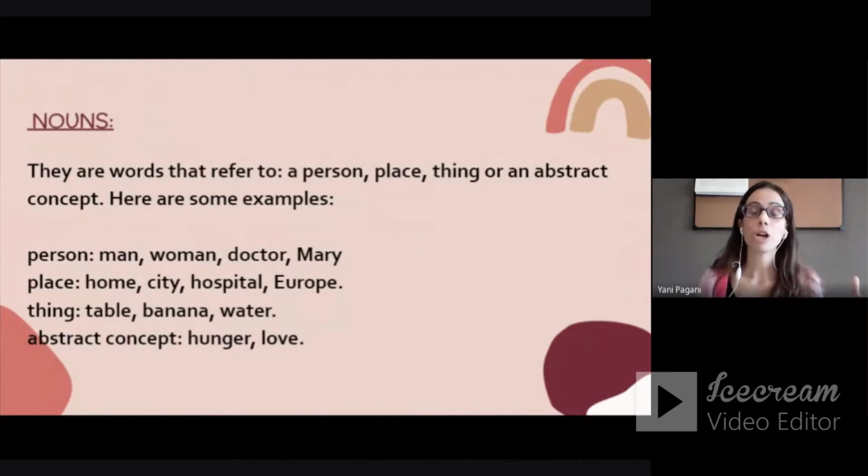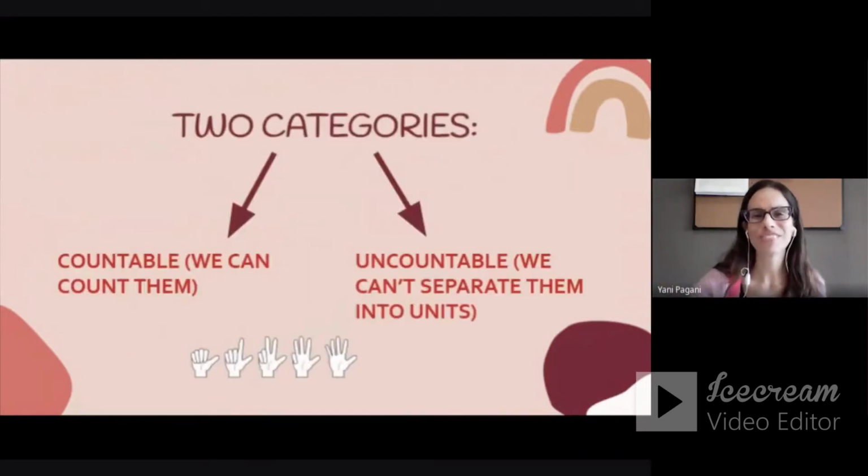Nouns that refer to places: home, hospital, city, Europe, for example, another name. Nouns that refer to things: table, chair, banana, water. And abstract concepts, for example, hunger, love, and there are many more. These are just some examples.